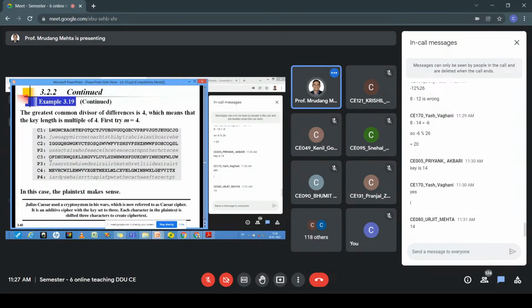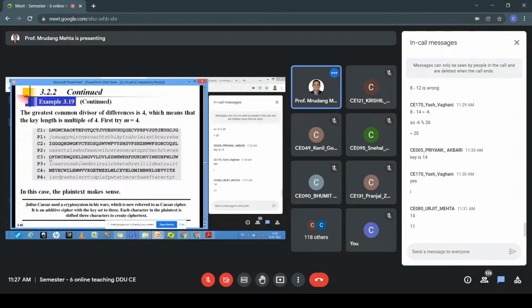And for L, if you want conversion of O to L, Ci minus Ki mod 26. So how will you get 14 into 11?